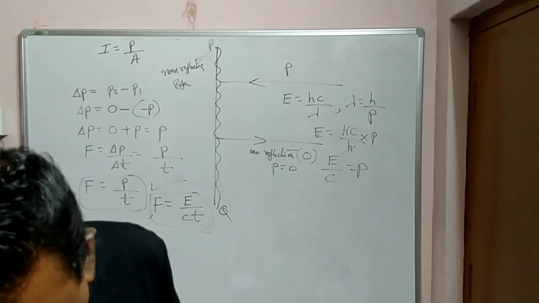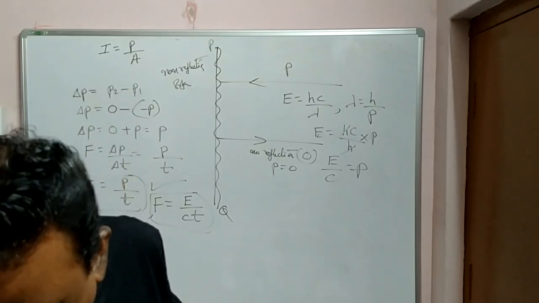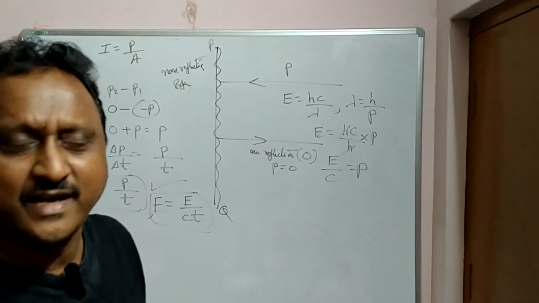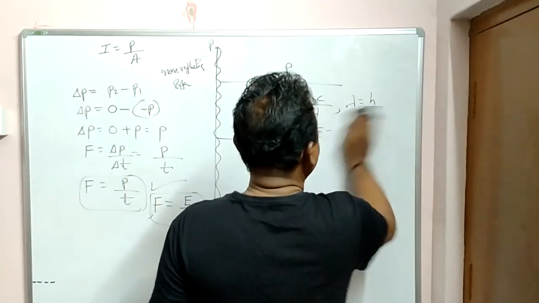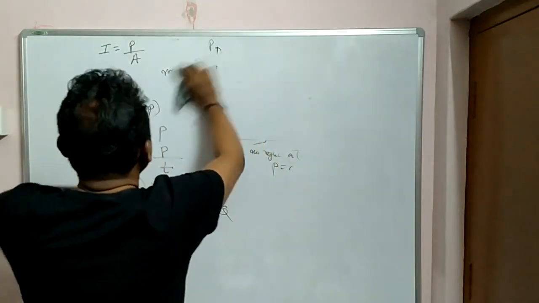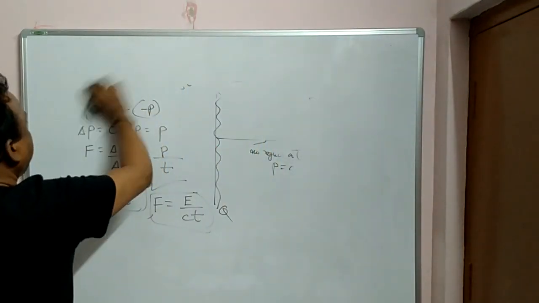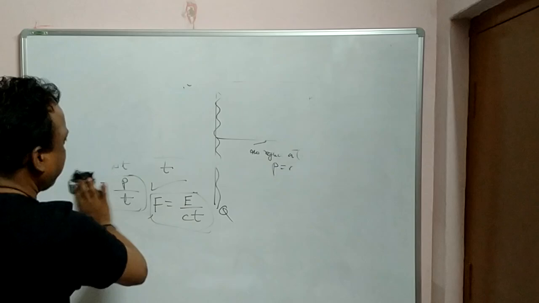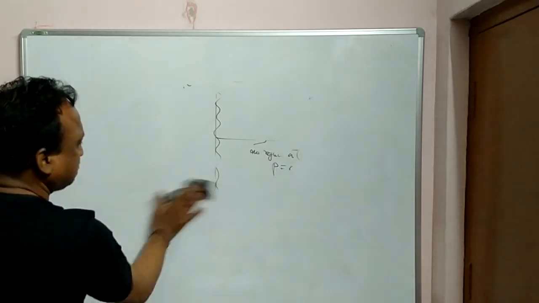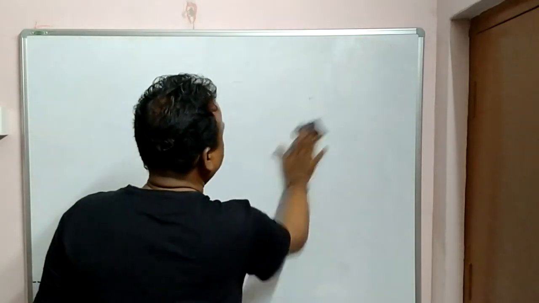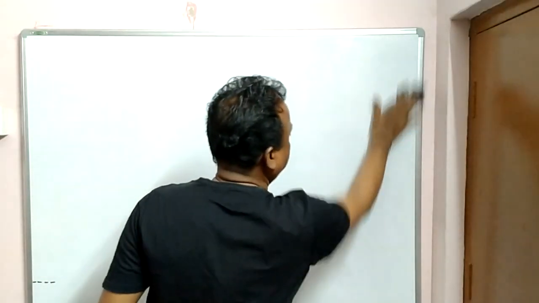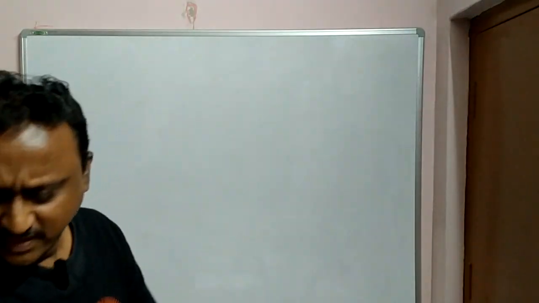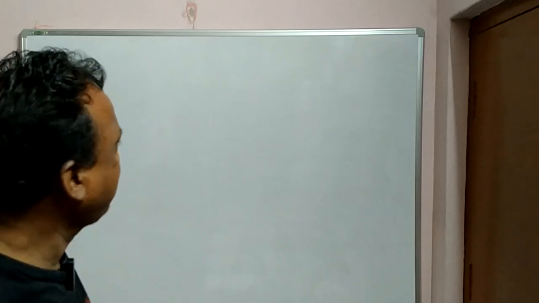Okay? Now the last one to end this chapter, that is the electromagnetic spectrum. Hardly 10 minutes. The last part to end this electromagnetic wave chapter. You have to mug up this one, because there is no other method to learn it.